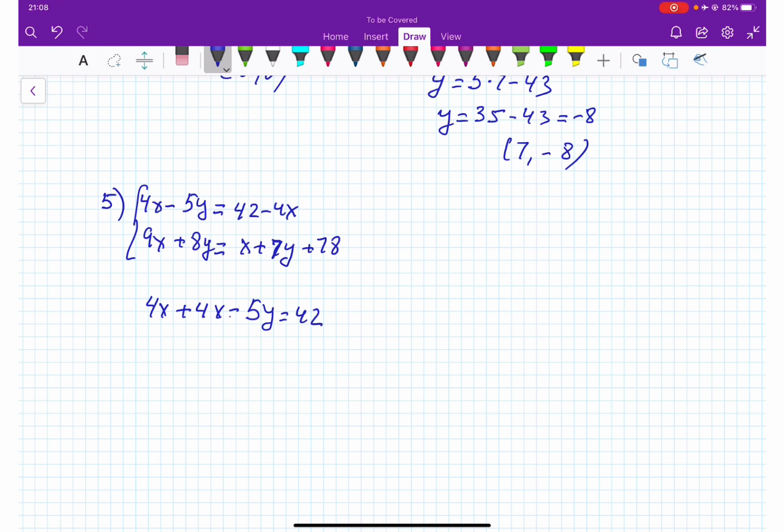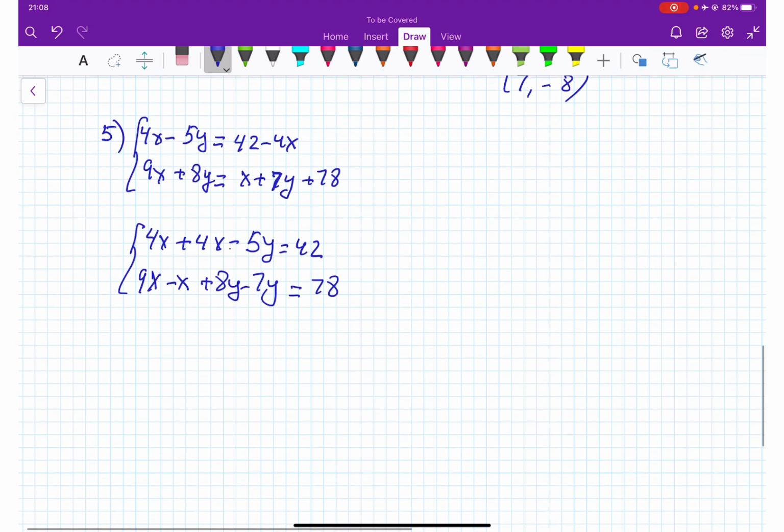Now here also 9x minus x, this x moving here, plus 8y minus 7y, this 7y moving here will be negative. So this is equal to 78.